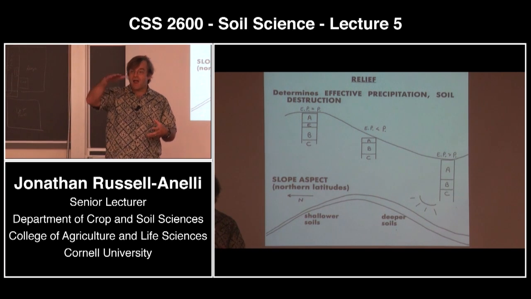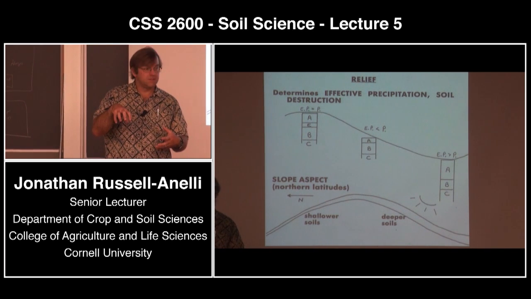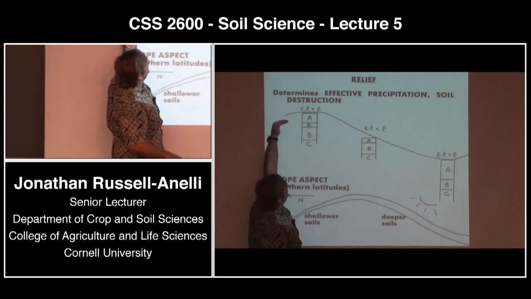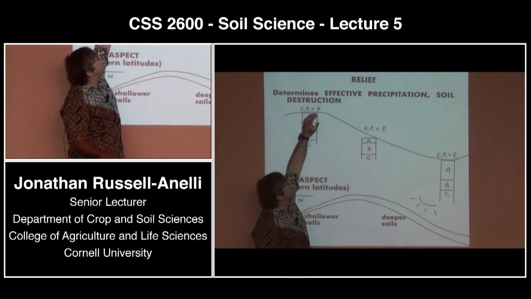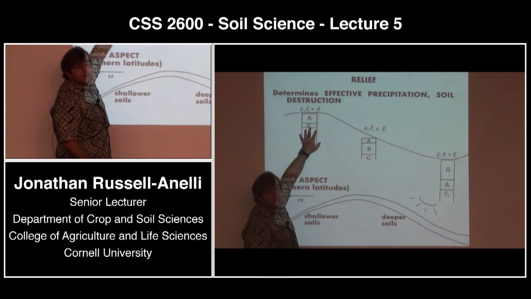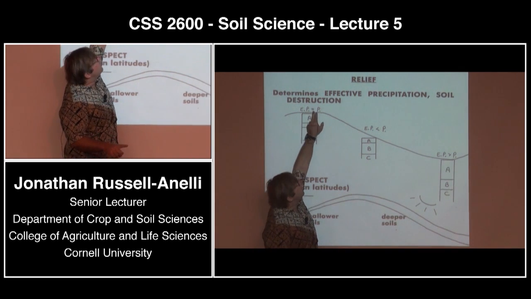The flatter the landscape, the more water I'm probably going to have infiltrate into the soil. Does that make sense? So at the top, I have a fairly flat landscape. Much of that water is going to infiltrate into the soil, but not all of it. Some of it's going to start flowing downhill.